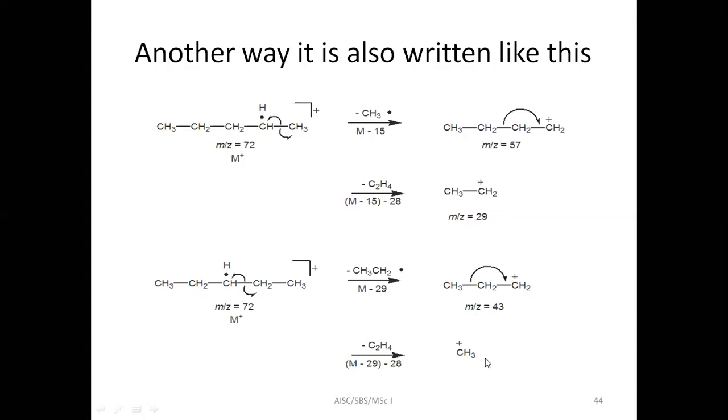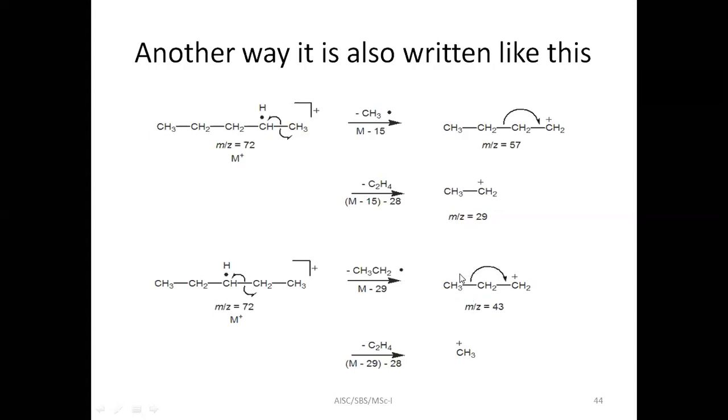And from this mass, if you lose by breaking this CH3 CH2 bond, with the double-headed arrow, that is breaking CH2 CH2, then you will get this CH3. So loss of an ethene molecule, CH2 double bond CH2, and the positive charge shifted on this because you are breaking this bond to make a new double bond.